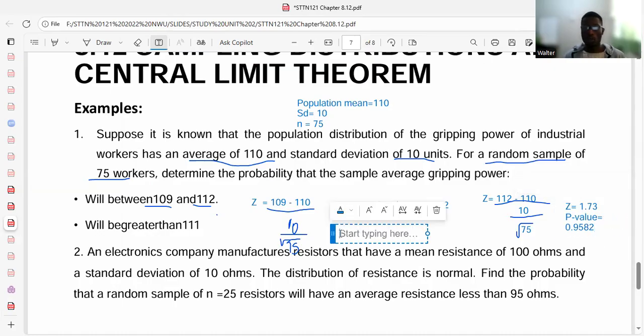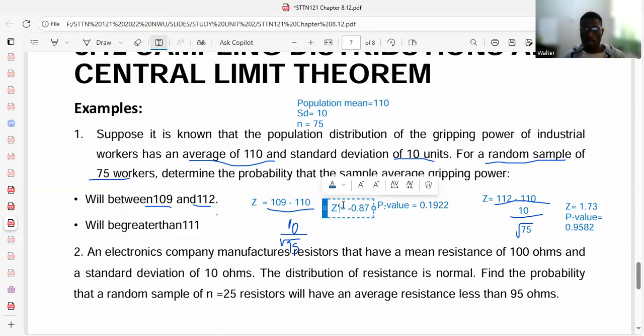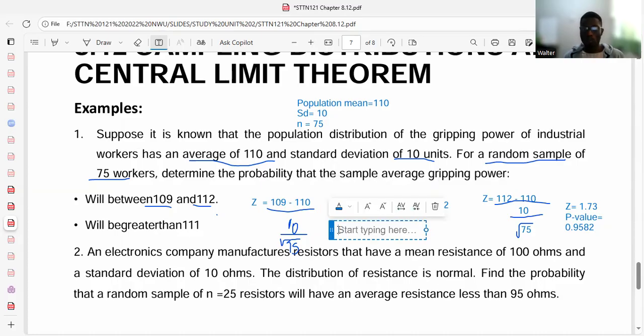What you do is compare them. Between 0.9582 and 0.1922, which one are we going to take? The bigger one.